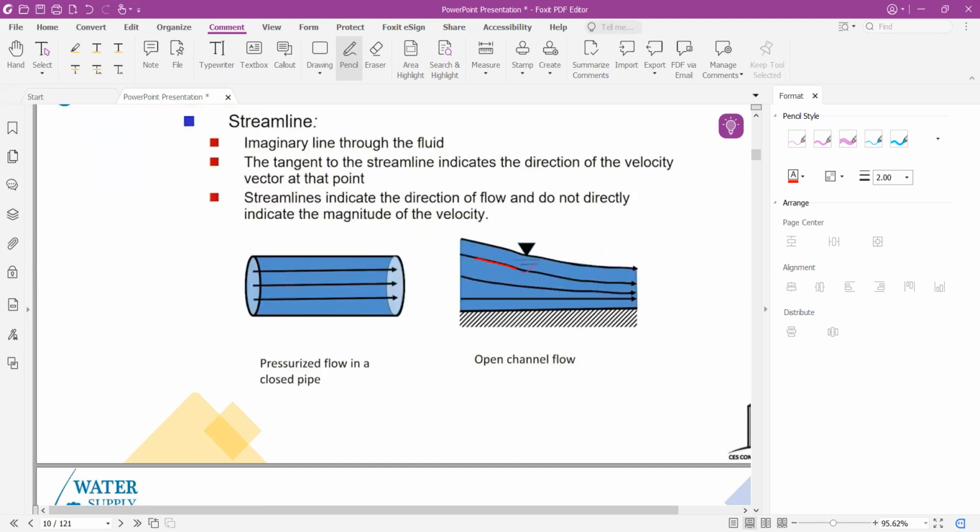So these are basically the streamlines showing the direction of the fluid, or in this case water. Streamlines indicate the direction of flow and do not directly indicate the magnitude of the velocity.